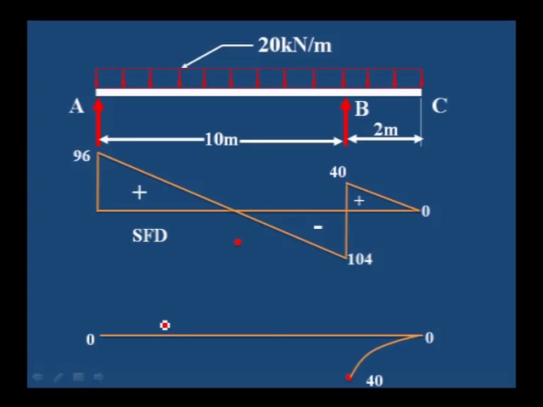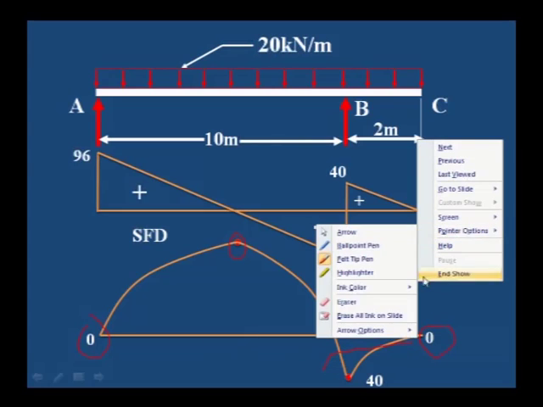See the bending moment diagram. To draw the bending moment diagram, we have this point which we have not yet calculated. We have the value at A as 0 and C as 0. At B it is minus 40 kilonewton meter. This portion should be maximum. We have drawn all lines as parabolic lines.